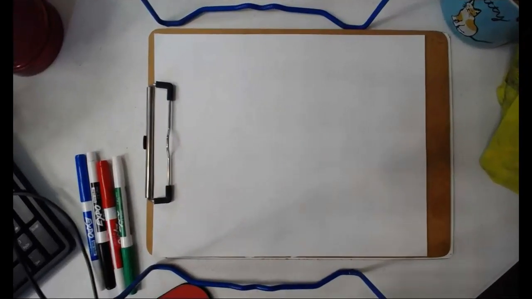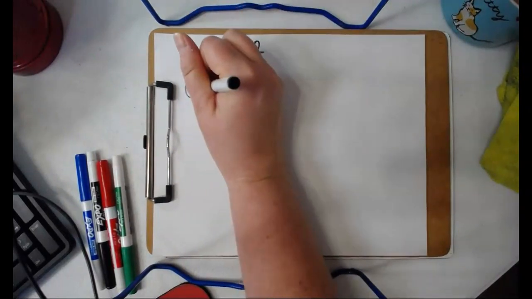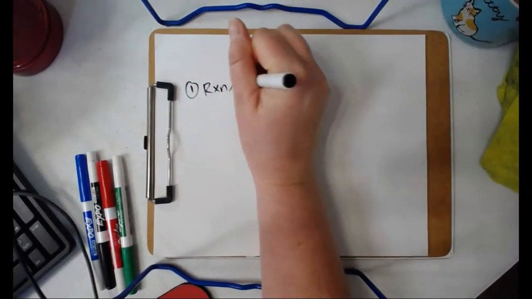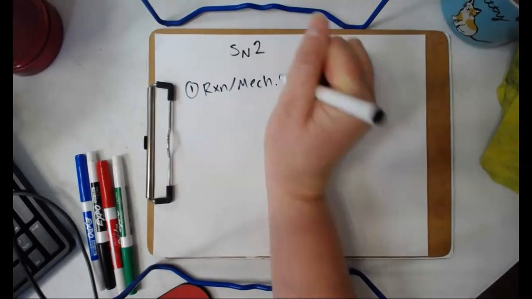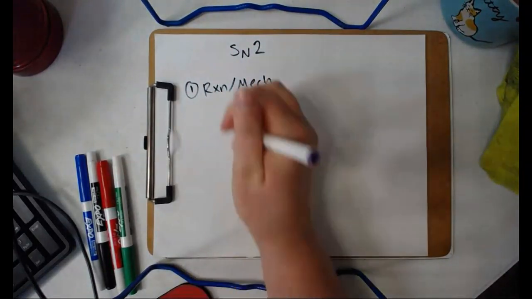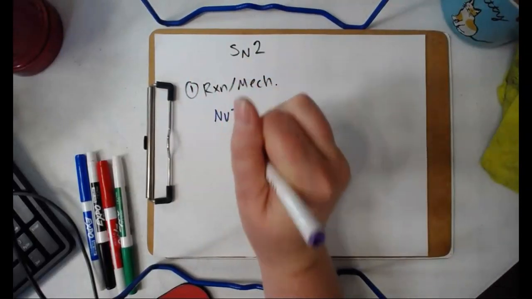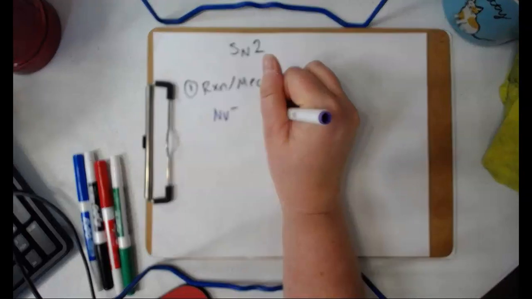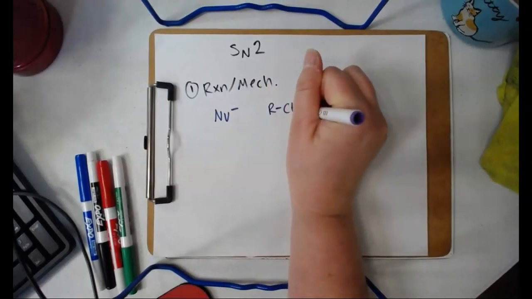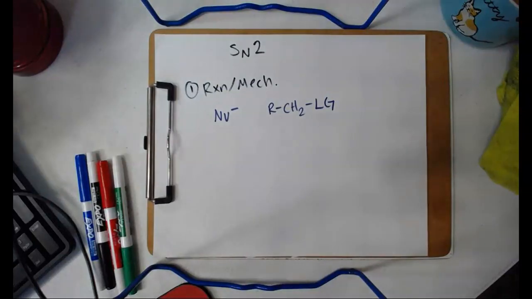So the first thing I'm going to put on my summary is the reaction/mechanism. So I'm going to write these out very generically, but we're going to start with our nucleophile, and we're going to react it with our substrate that has a leaving group attached to it.